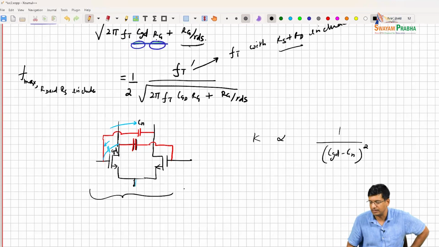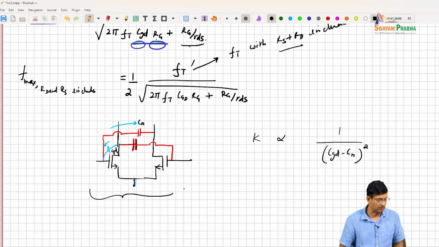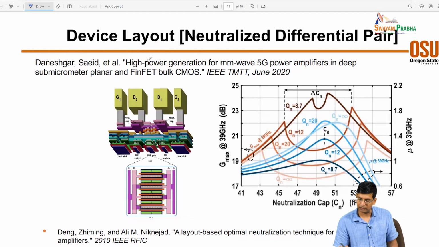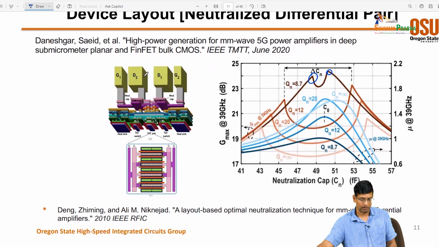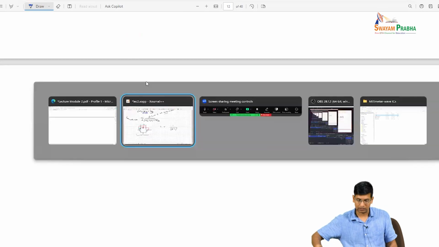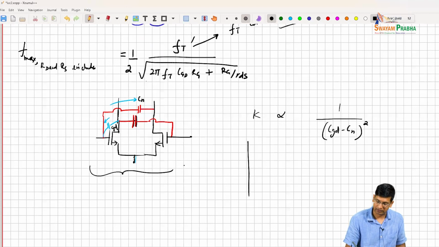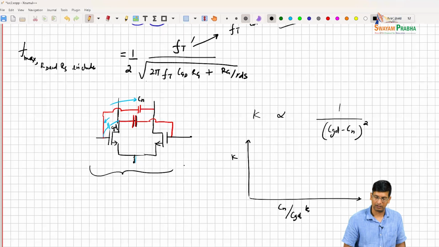And so what that means is that if I basically look at the stability factor, what you end up seeing is this kind of shape in the system, right? So if I were to just draw the stability factor, this is, let's say, Cn over CGD, and I'm plotting the stability factor here, right?